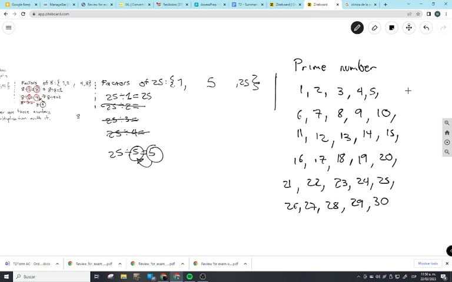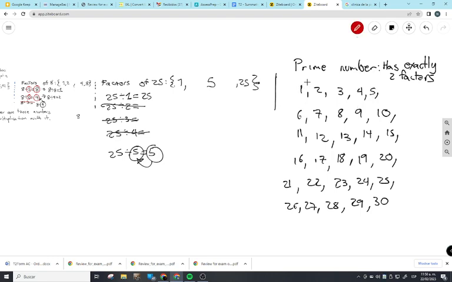Let's see which numbers of these are prime numbers. Remember, a prime number has exactly, and this exactly is really important, exactly two factors. So how many factors does the number 1 have?